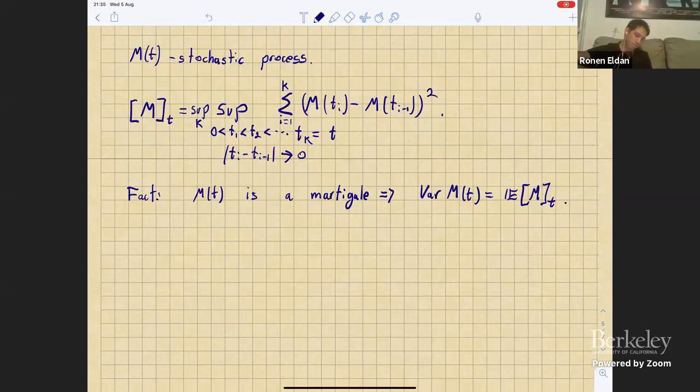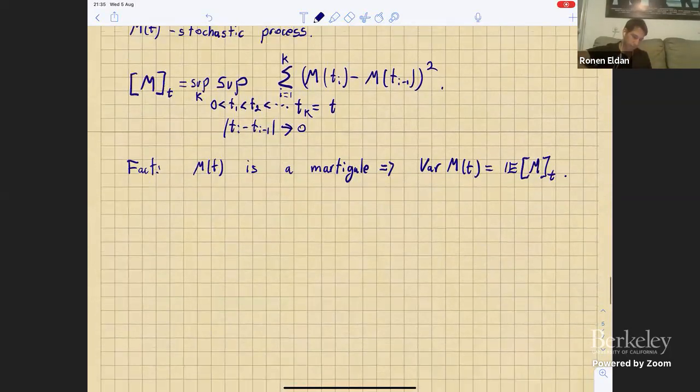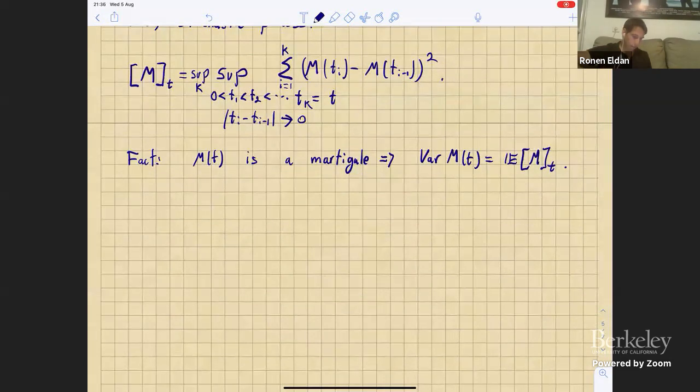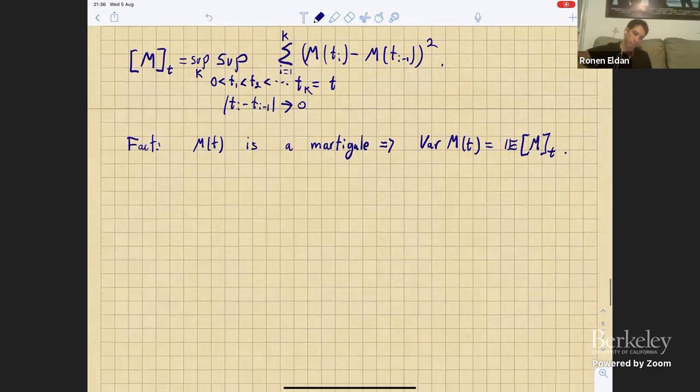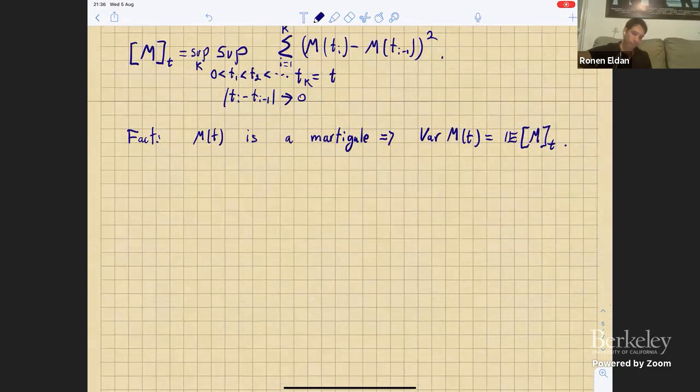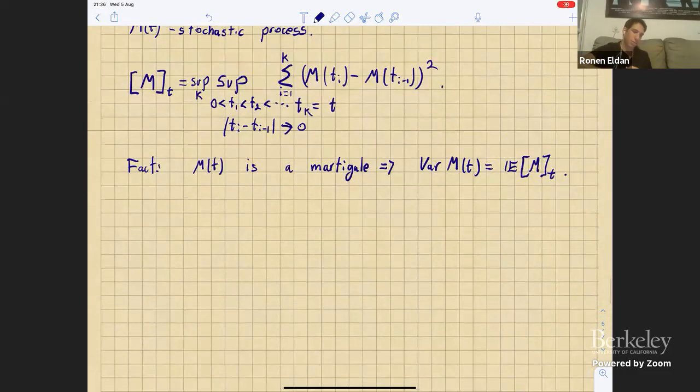Sorry about that. Just think about this like a Riemann integral. It's the same limit as we take in a Riemann integration, only we consider the differences.